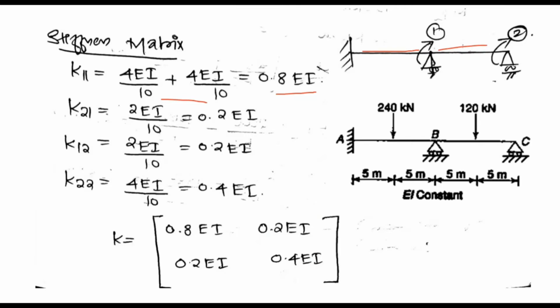Since it is at far end, we need to consider the equation 2EI by L, thus getting a value 0.2 EI. Similarly, we have to find the values of K12 and K22. We'll get the matrix as 0.8 EI, 0.2 EI, 0.2 EI, 0.4 EI.